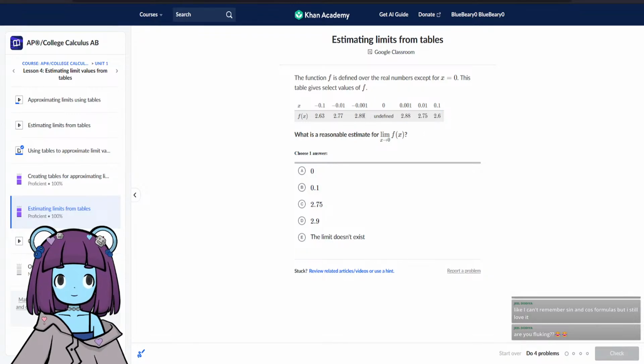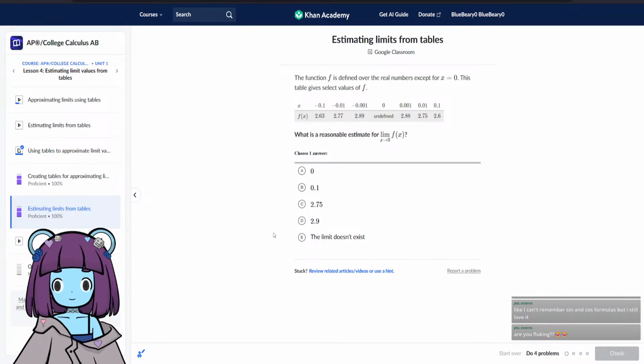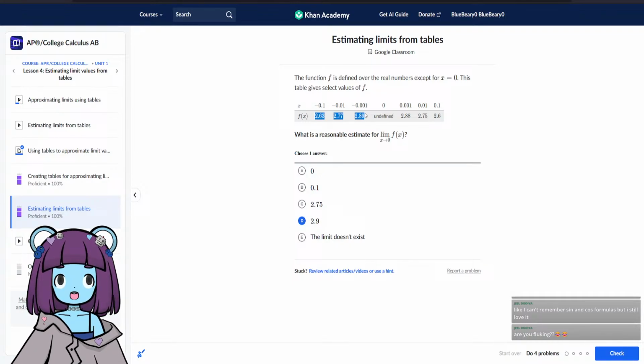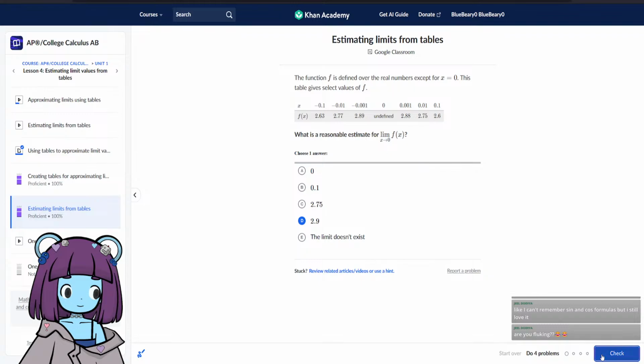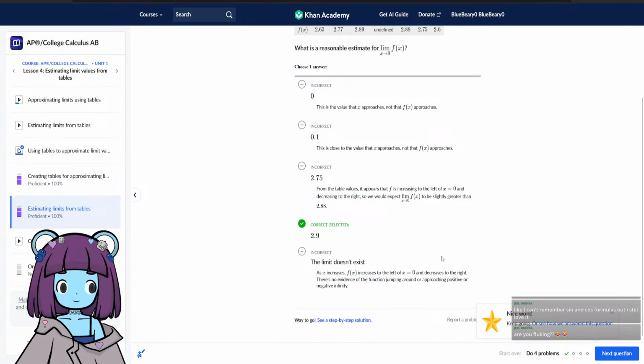So I would assume that the value is this one, I think. So it increases, reaches that value, and then it decreases. Hopefully. Okay, I got this one right.